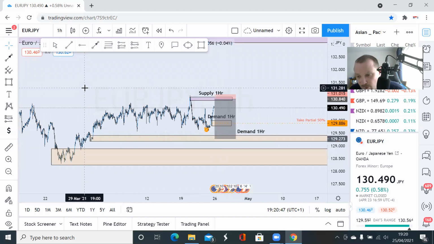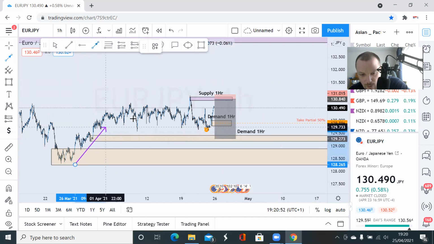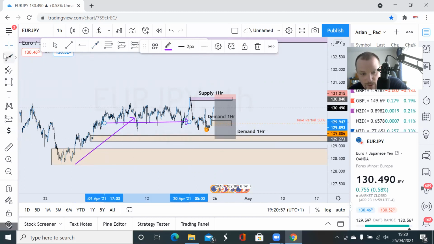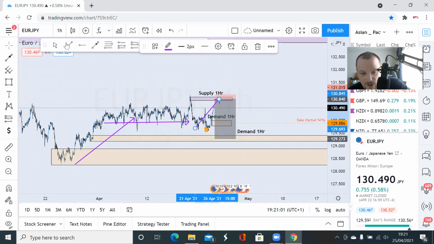At the moment, we're in a distribution phase on the actual uptrend from here. From there, you've then gone into a distribution across. We will be looking for another push up into the entry or the mitigation.